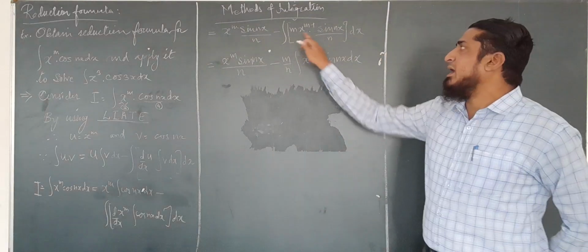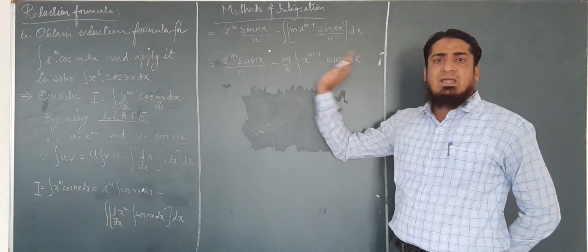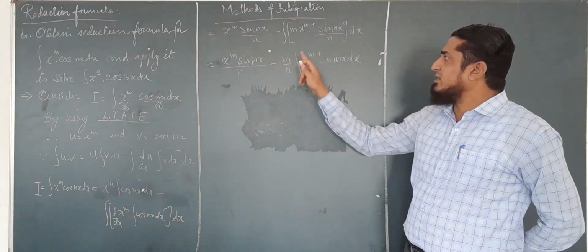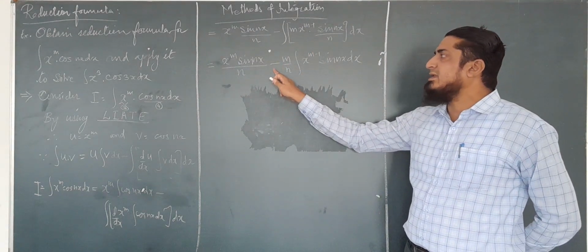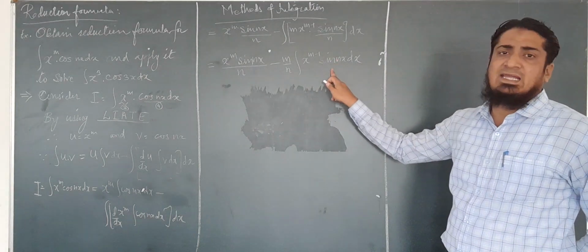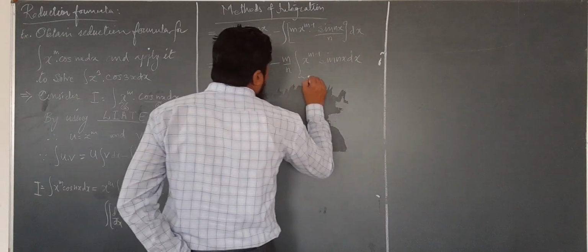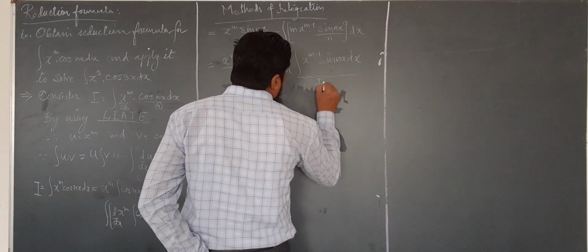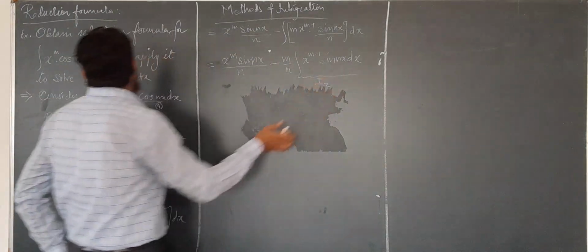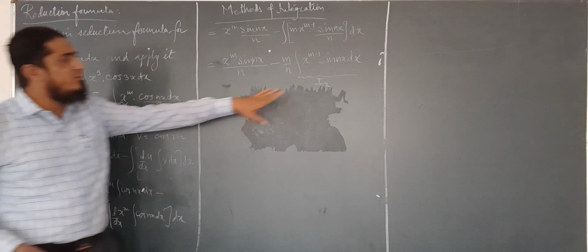Since m and n are constant numbers, we have taken them outside the integration and we wrote this equation as minus m by n integration of x raised to m minus 1 sin nx dx. Now take this equation as I2. Right? And simplify this equation by using ILATE and find the reduction formula for this.